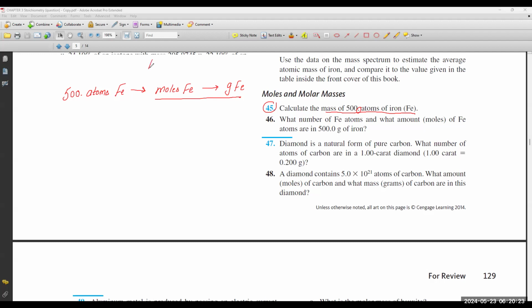You already know that 1 mole of Fe is Avogadro's number, and what's the atomic mass of Fe? Something like 55 point. How much? Atomic mass of Fe from the periodic table, 55.845 gram. Plug in the ratio, dimensional analysis.